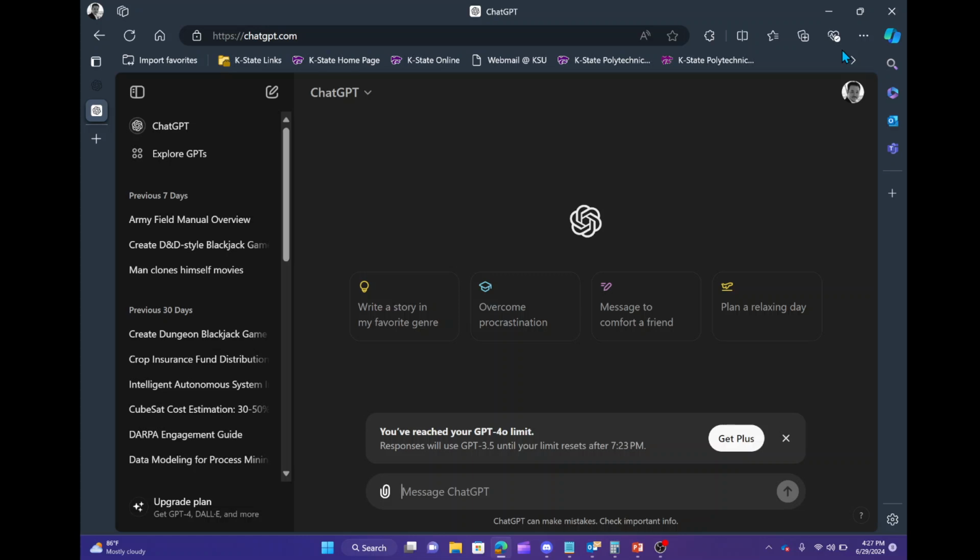For zero-shot learning, or I should say zero-shot prompting, it means that we're going to be providing the large language model a domain-specific task that it hasn't been trained on. We're going to provide it data that we're going to make it make a determination on. In this case, we're going to do sentiment analysis on some data that we provide.